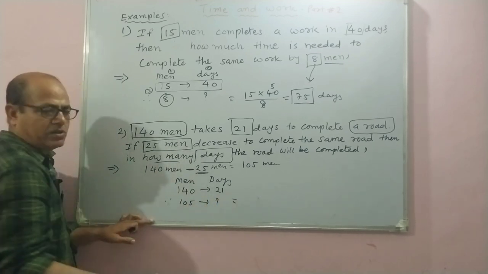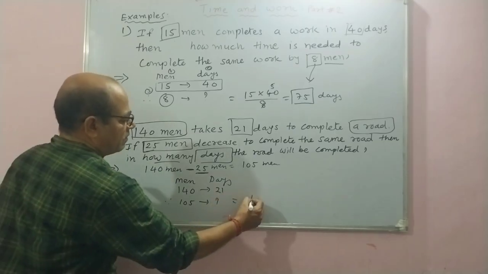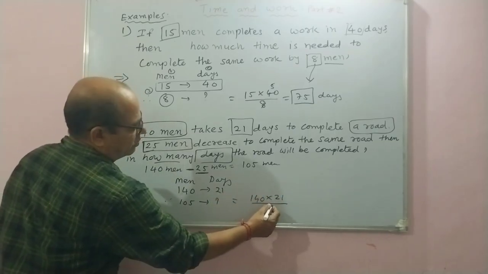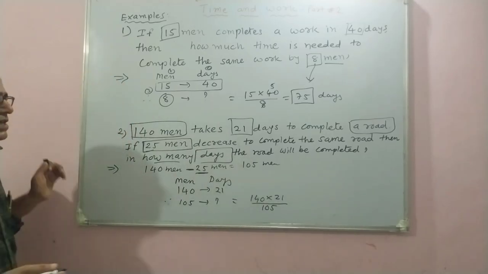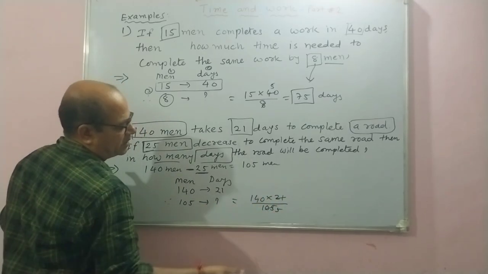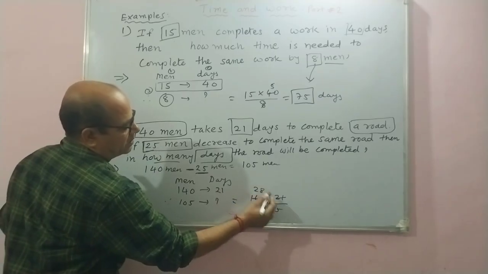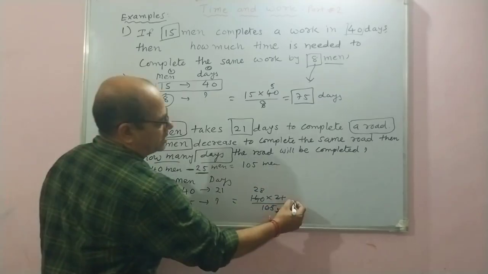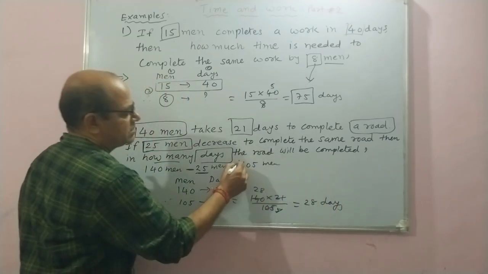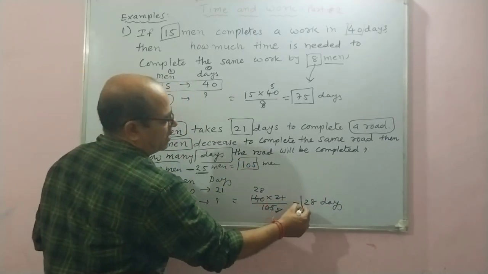So here also the inverse proportion, 140 into 21 divided by 105, right? Now cancellation: 21 stable, 21 5s are 105, right? And 28 5s are 140. So how many days are there? 28 days. So men decrease, then time increases.